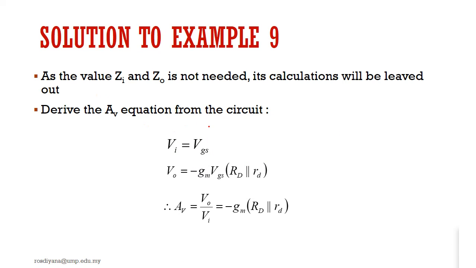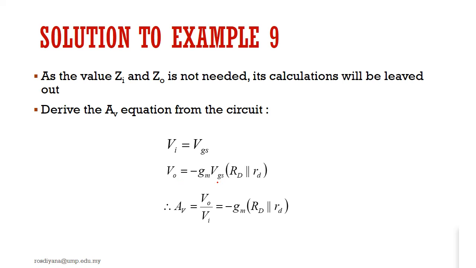To get the voltage gain, we don't need the values for Zin and Zout, so we go directly to find the voltage gain. The voltage gain is Vout divided by Vin. Previously, we already derived that Vin equals VGS. Then we find the Vout.